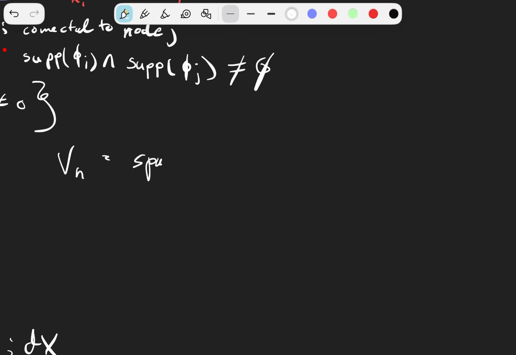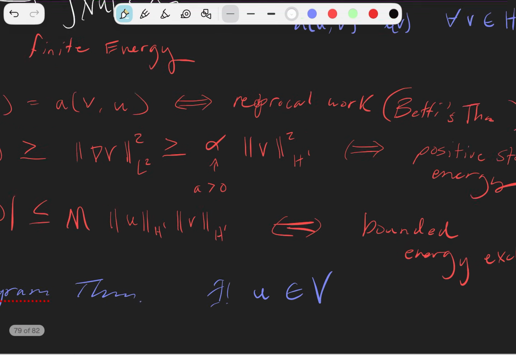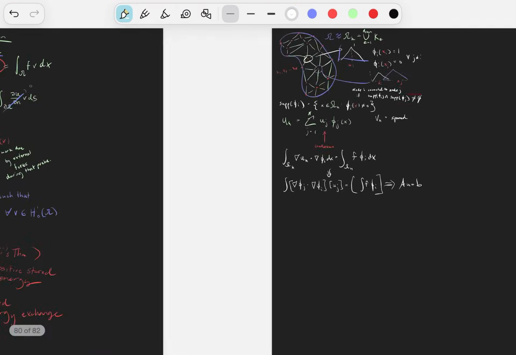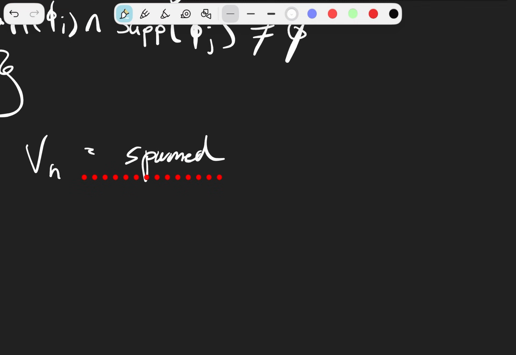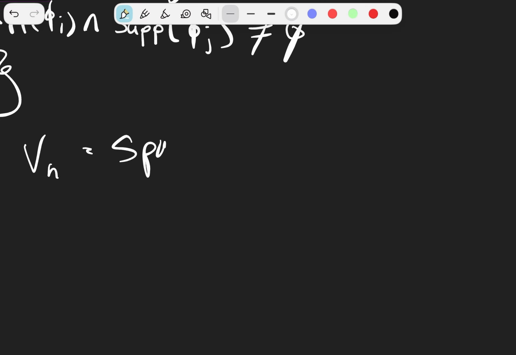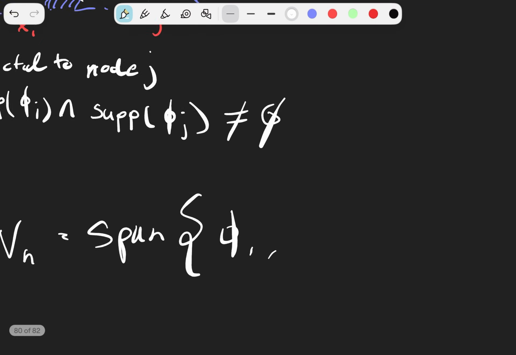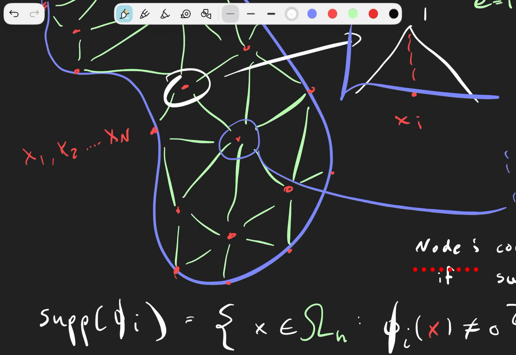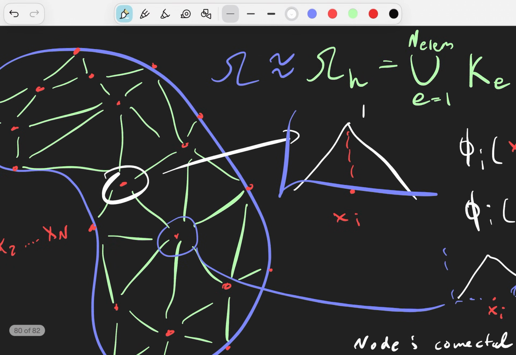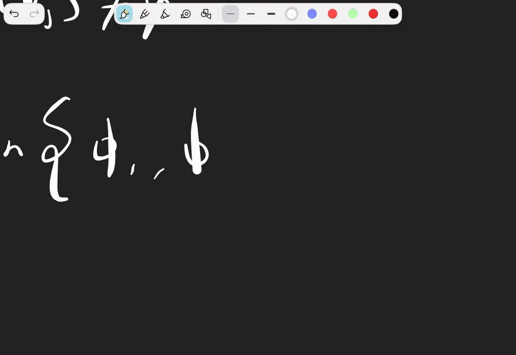And this is some vector space that is spanned, because again, remember we had the Lax-Milgram theorem here that says there exists a unique solution U in V. So if we have some V_h, that is spanned by the set of, let's just say phi sub 1, phi sub 2, and then over all the n nodes, okay?